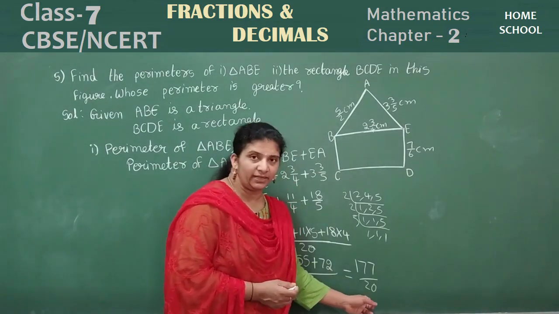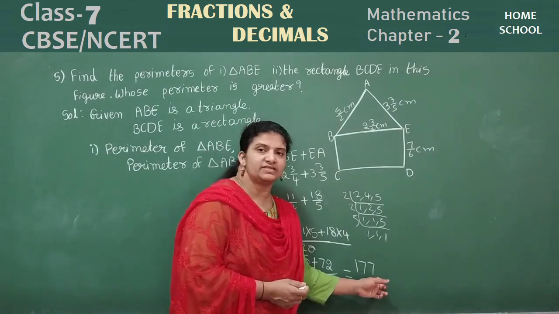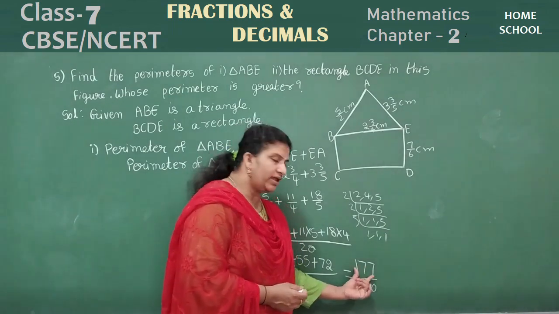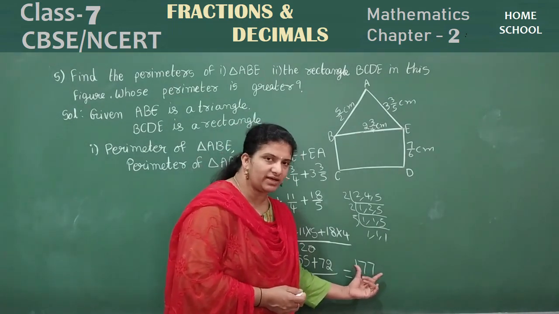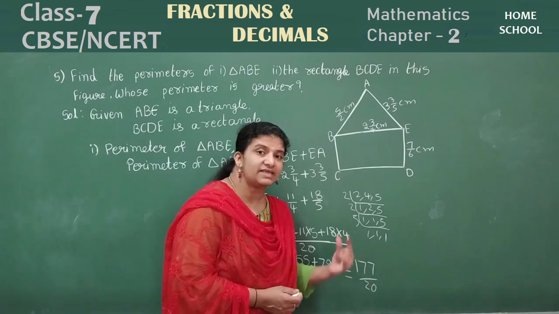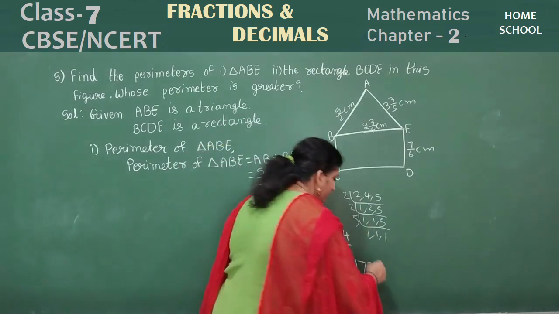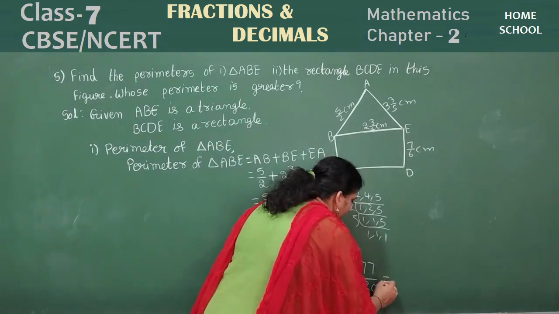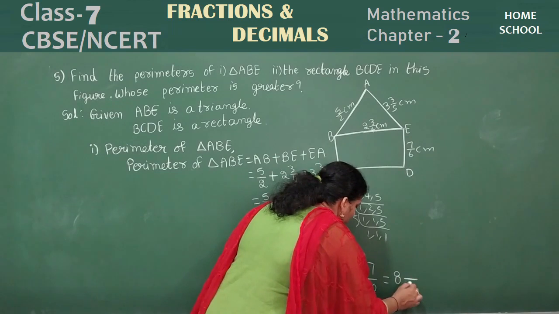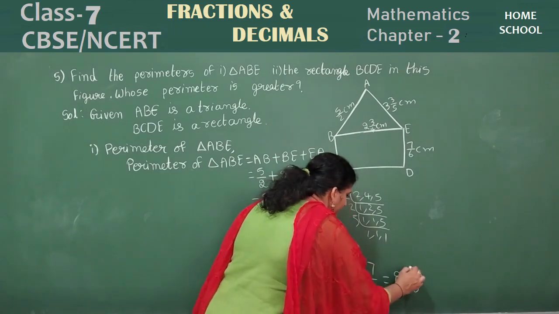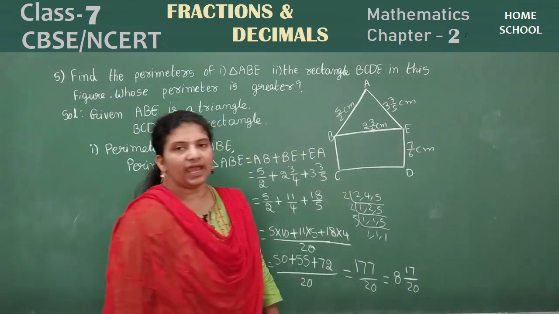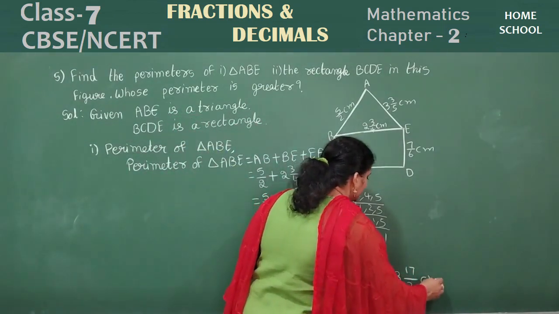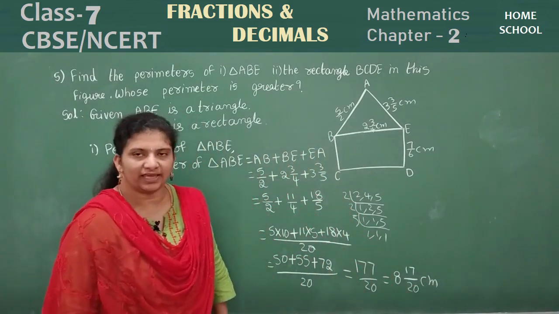See here, in the 20 table, where do you get the nearest number for 177? 8 20s are 160. From 177 you subtract 160, it will be 17. So that will be 8 17 by 20 centimeters is the perimeter of the triangle.